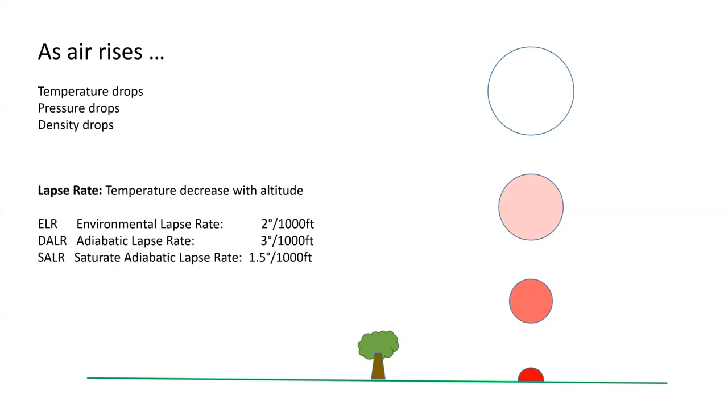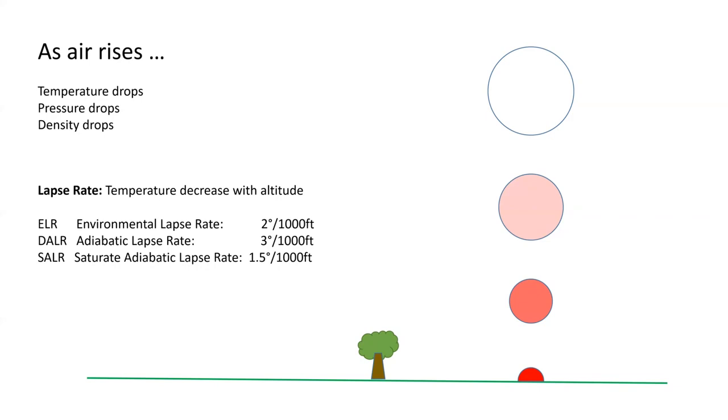But the thing to bear in mind is that these lapse rates with a static column of air, this environmental lapse rate, dry and saturated, have different lapse rates associated with them. So taken as an average, an environmental lapse rate would be roughly a drop of 2 degrees Celsius every 1,000 feet, 300 meters or so. More for a dry adiabat, less for the saturated adiabat.